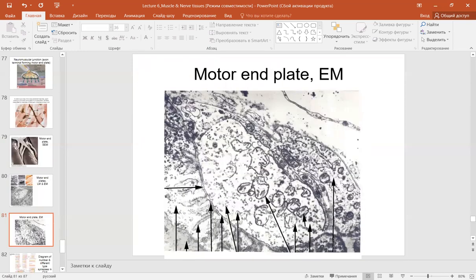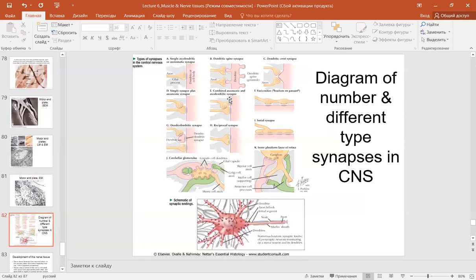Increased magnification of the electron micrographic representation of the motor end plate: the presynaptic knob, the synaptic cleft, the postsynaptic membrane, invaginations of this plasma membrane of the sarcolemma, and vesicles accumulating neurotransmitter, which is needed for the transduction of the electric impulse through the synaptic junction.